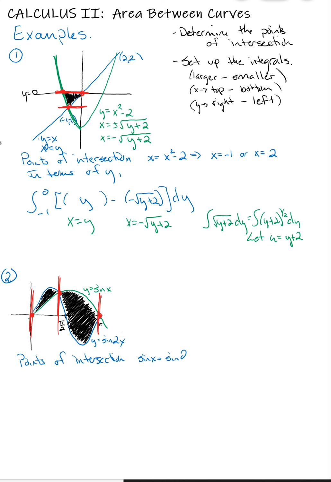I think when solving this, it's probably going to be helpful to use one of our double angle properties. Sine of 2x is the same as 2 sine x cosine x. Then we can, oh, you know what, let me do it this way. 2 sine x cosine x minus sine x is equal to 0.